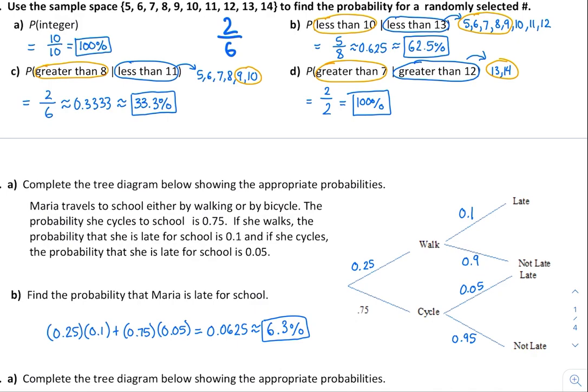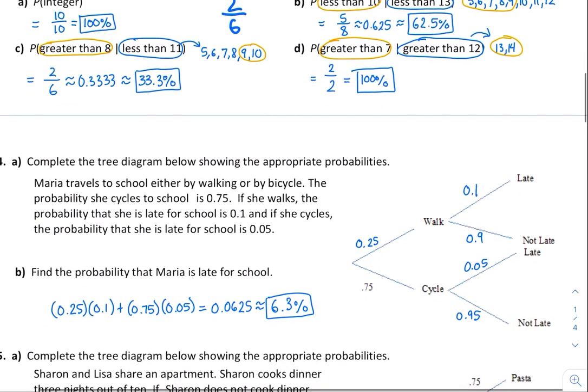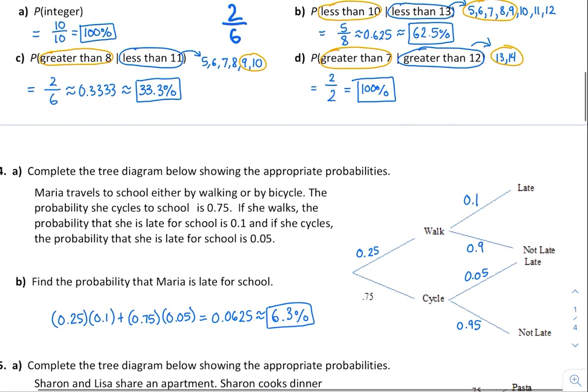So part B, find the probability that Maria is late for school. Okay, so how many ways can she be late to school? Well, if she walks, she could be late to school. Also, if she cycles, she could also be late to school.